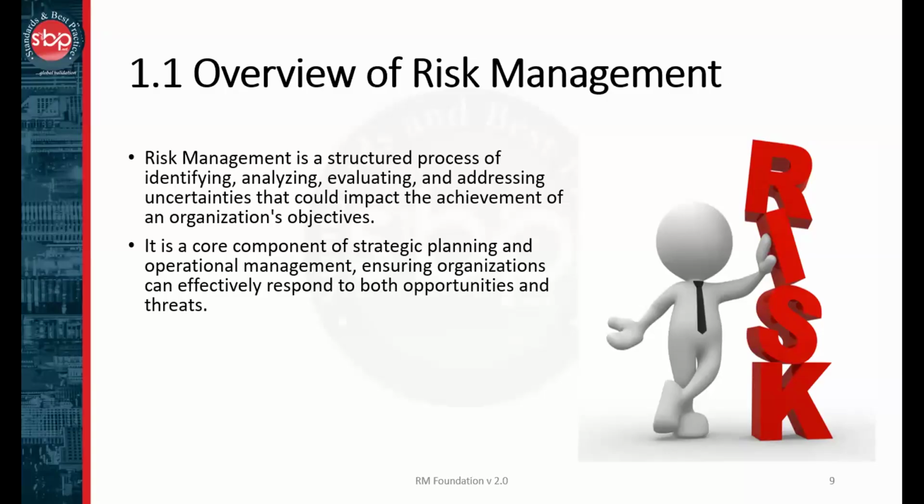Then, of course, what do we need to do? How can we contain this risk? What do we need to put in place to ensure that this risk does not occur? And even if it eventually occurs, the effect is going to be very low, because you have put in some measures.